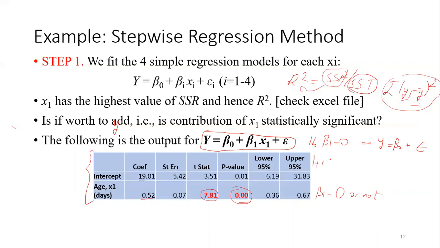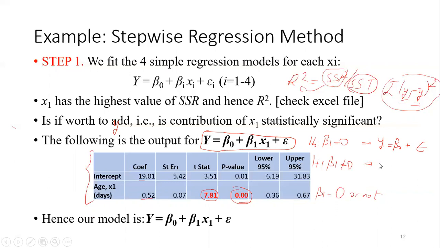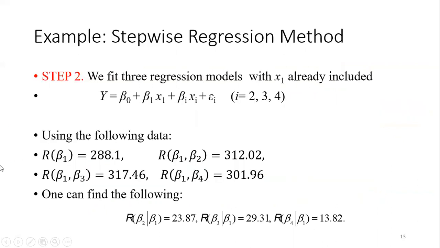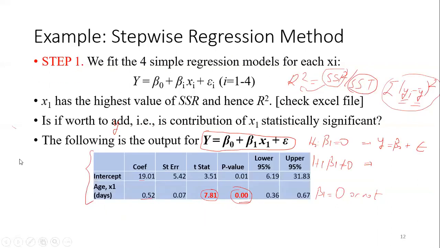And H1, beta 1 is not equal to 0. So that refers to y is equal to beta 0 plus beta 1 x1 plus epsilon, right? Okay, so I just reject the hypothesis and say that, well, this is my model.